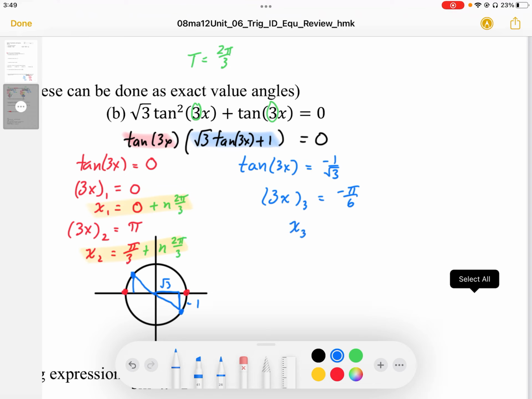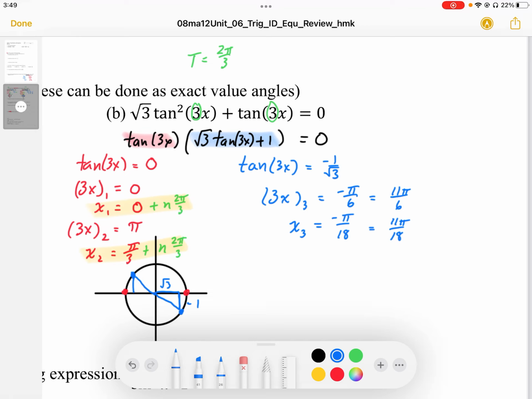Solving for the actual x, I'm going to get negative pi over 18. Now this could have been also 11 pi over 6, which would make this 11 pi over 18. So these are the same primary solutions.